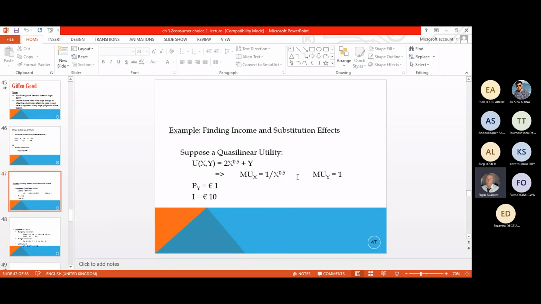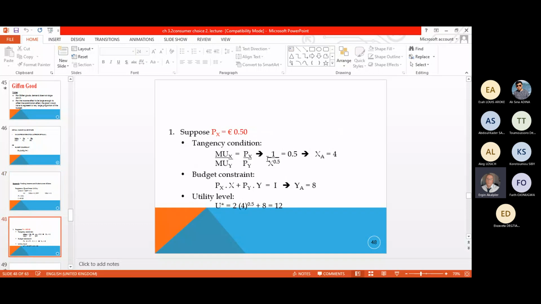When you divide these by each other, marginal utility of x over marginal utility of y means 1 over x to the power of 0.5, or 1 over 2, which is the square root of x, isn't it?